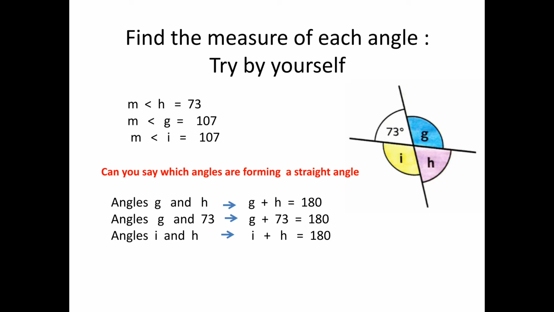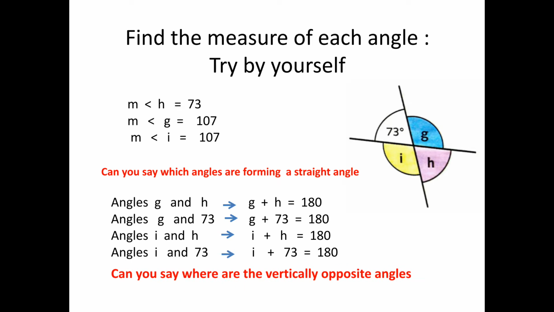What is the last pair of angles that are forming a straight angle? Yes, I and the 73. I and the 73 are next to each other and they are on the same side of a line, so they are forming a straight angle which is equal to 180.